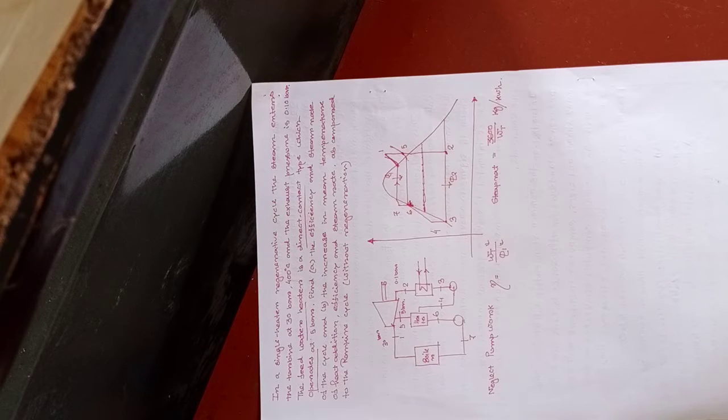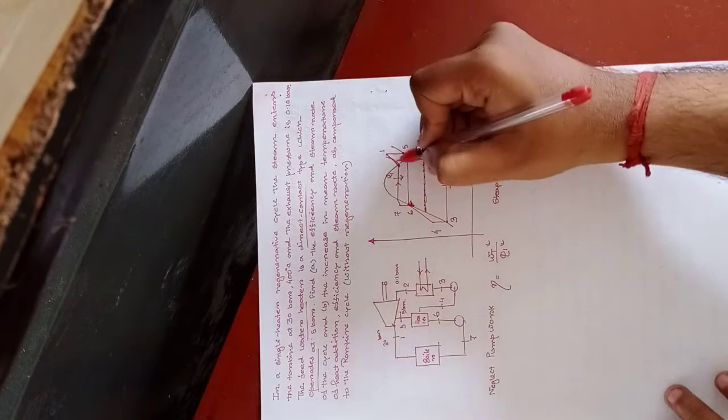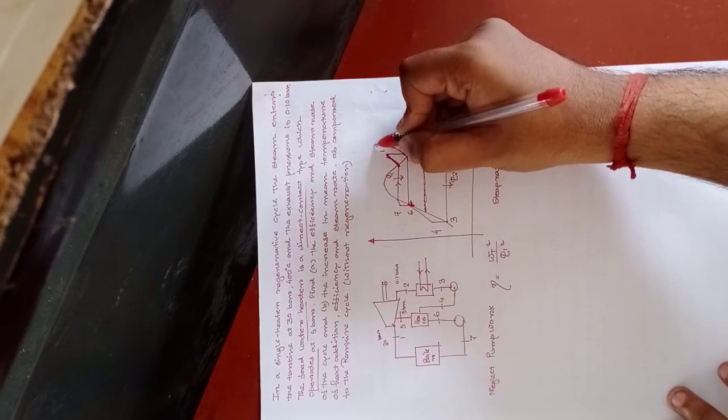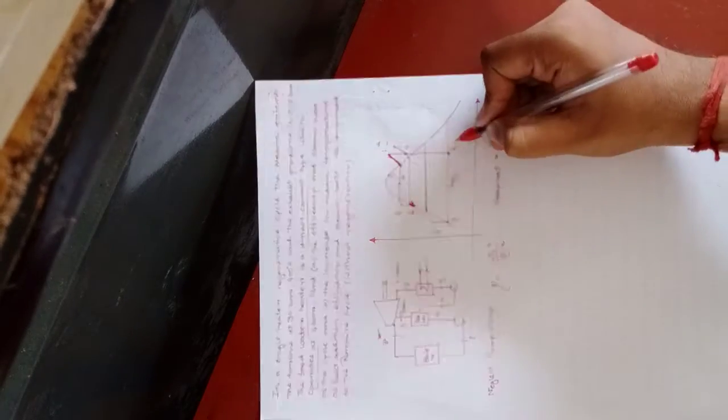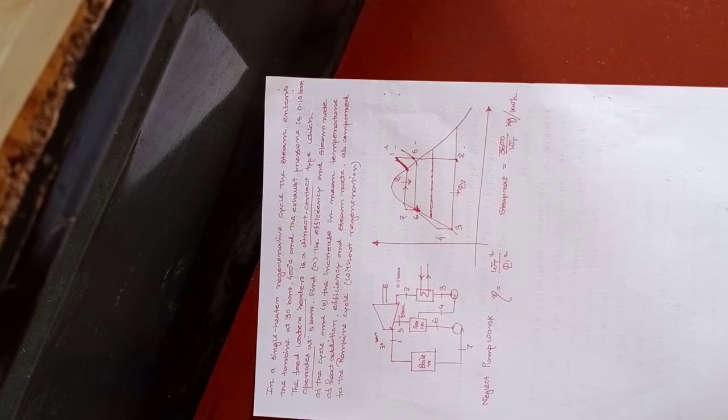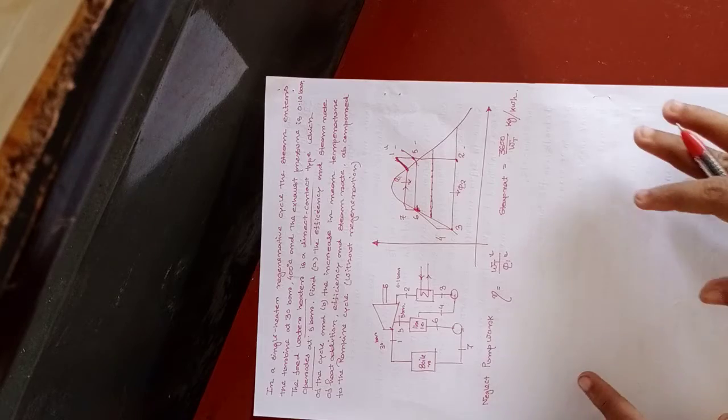Whenever I am solving any problem in thermodynamics or in power plant engineering, I always find out the enthalpies at the salient points. To find the enthalpies at the salient points, we have to do some manipulation and take the help of the steam table.